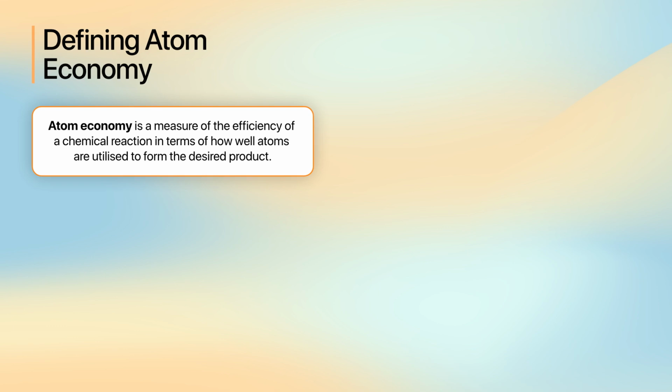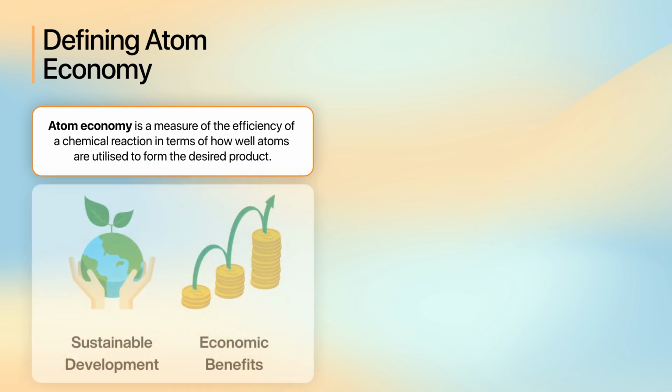In today's lesson, we learned about the concept of atom economy and its significance in both sustainable development and economic contexts. We defined atom economy as a measure of the efficiency of a chemical reaction in terms of how well atoms are utilized to form the desired product. This is crucial because high atom economy means fewer waste products and better resource utilization.